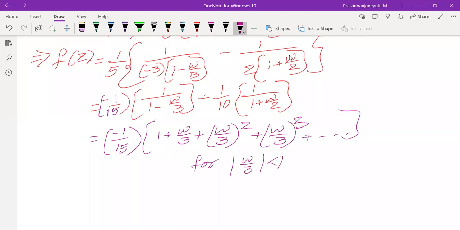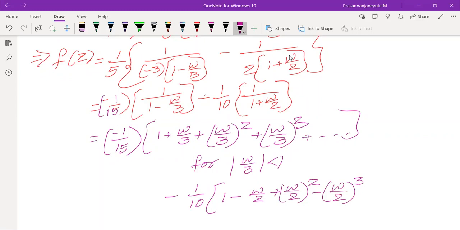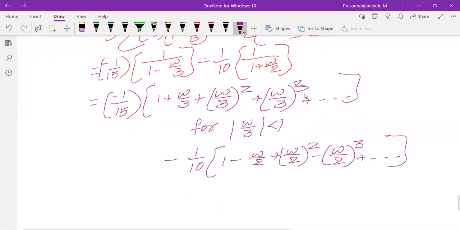Okay, minus 1 by 10 into. What about the second term? 1 by 1 plus z form, w by 2. 1 minus w by 2 plus w by 2 whole square minus w by 2 whole cube plus and so on. And this expansion exists for which region?